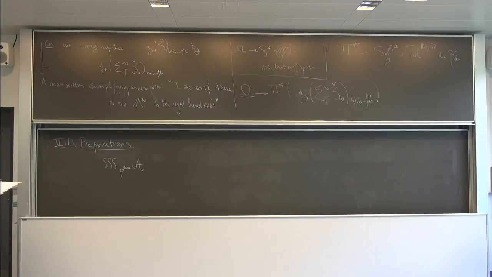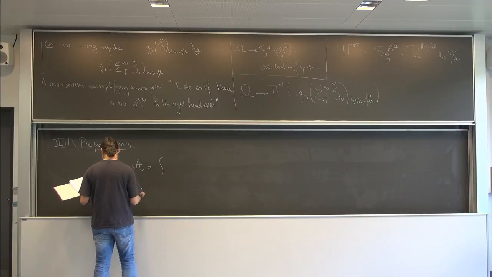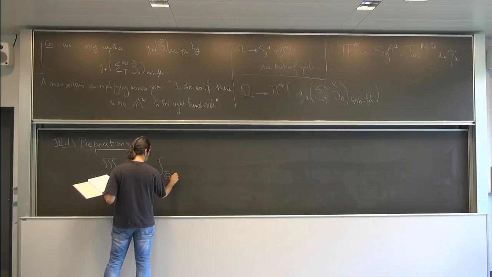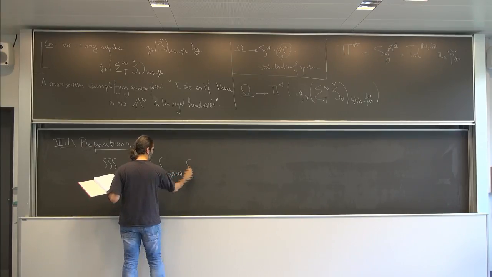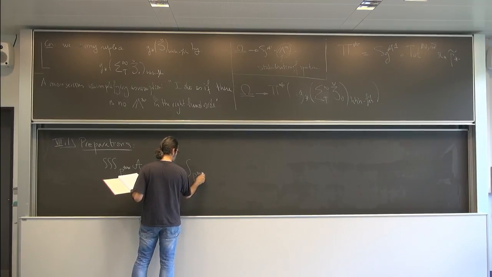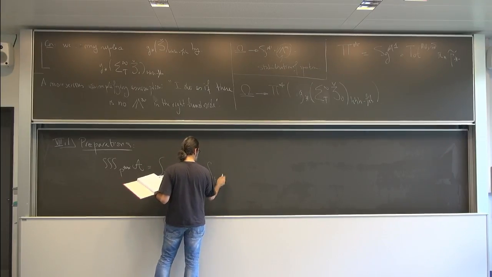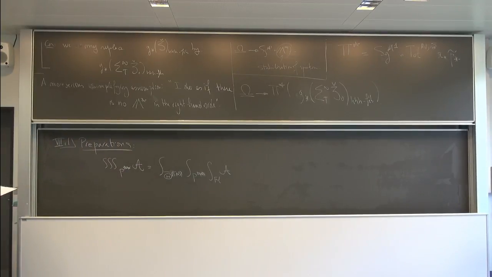If I want to write this correctly, this would be the integral over this thing here, on flags, and then of A.